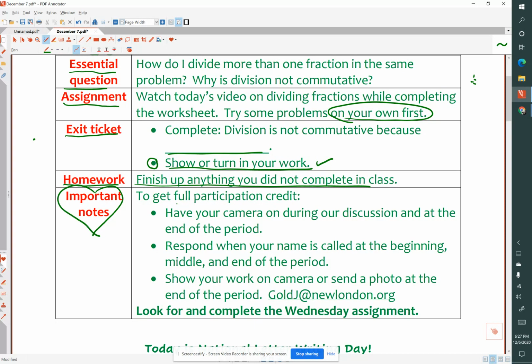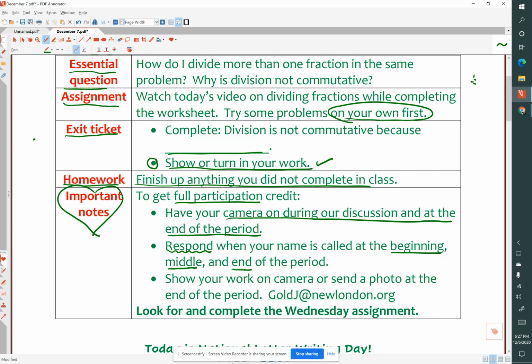To get full participation credit in class, have your camera on during our discussion, and at the end of the period, we just say goodbye and you show me your work. Please respond, even if your camera is not on, when your name is called at the beginning, the middle, and the end of the period. You can respond in the chat or with your voice.